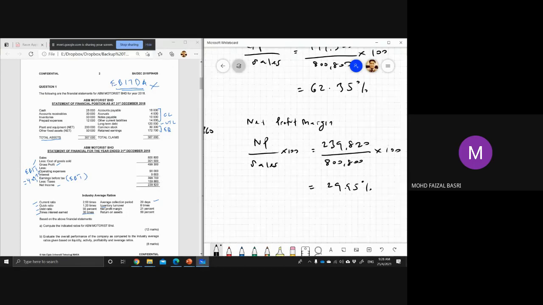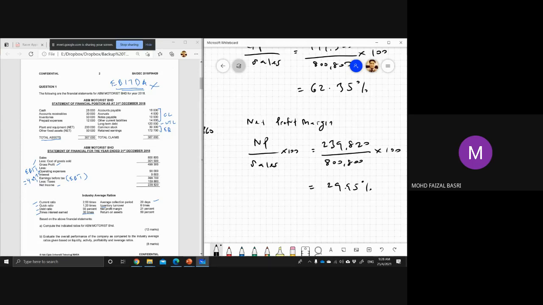So again, one way to look at this is by looking at the sales. If you want to do estimations, if the company can generate 1 million ringgit, this company can generate net income of around 300,000 ringgit, because this is 29.95%.